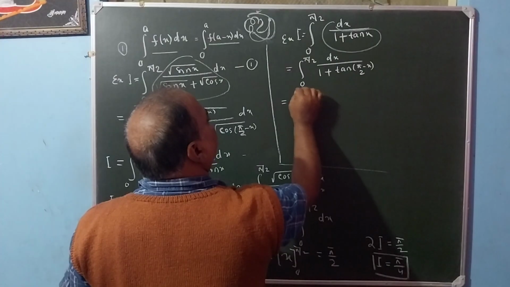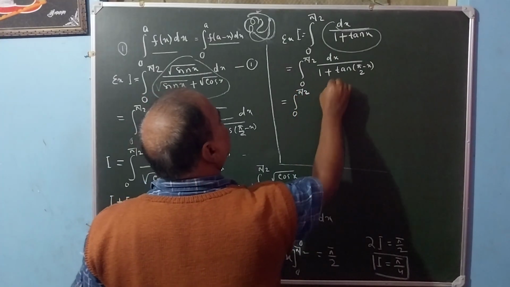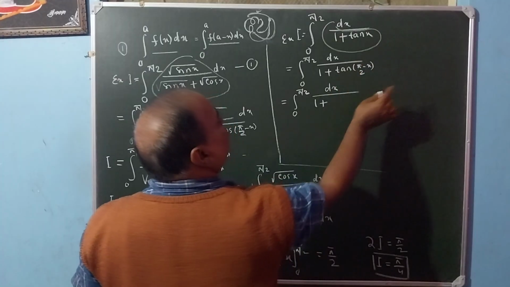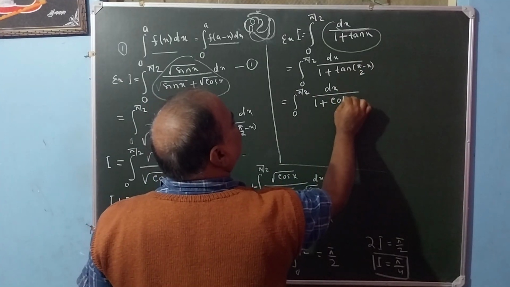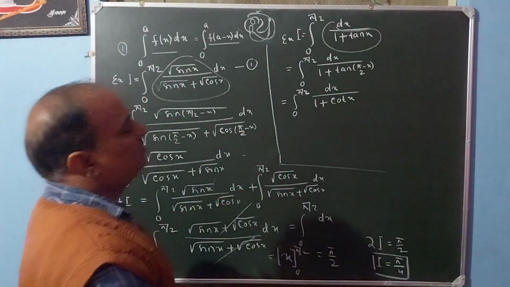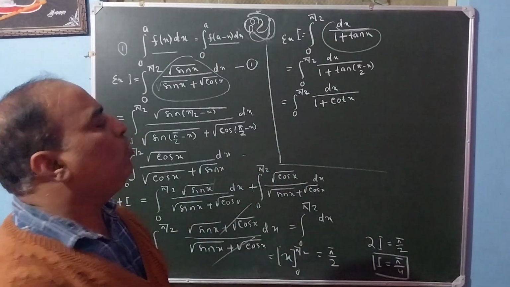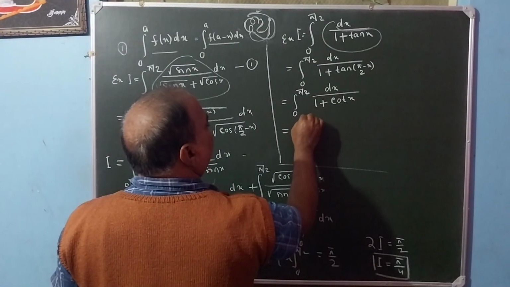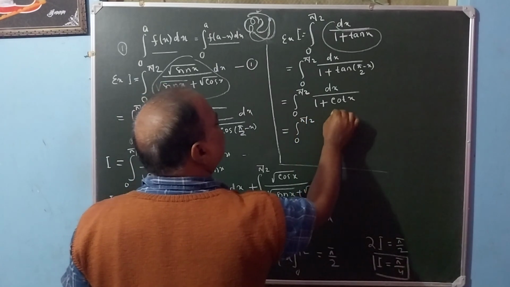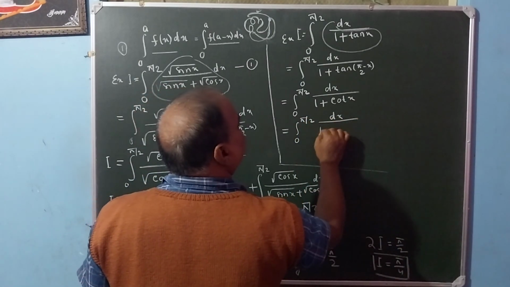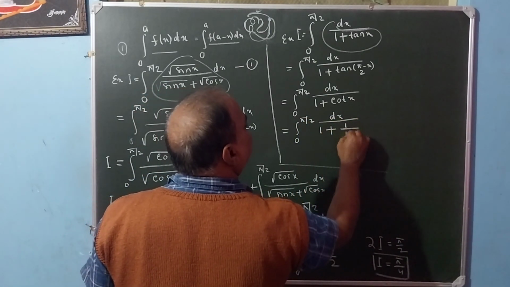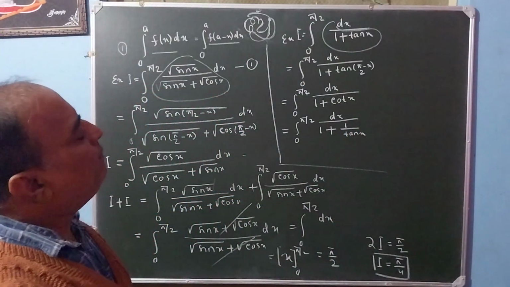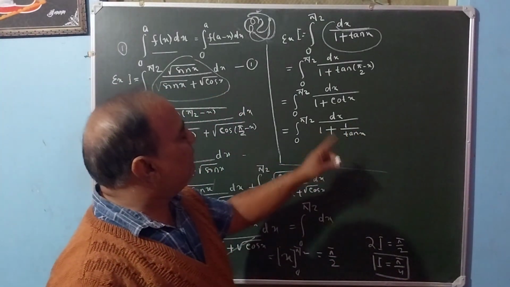So 0 to pi by 2 dx by 1 plus cot x. Okay, cot x is equal to 1 by tan x. So you have to write 0 to pi by 2 dx by 1 plus 1 by tan x. So you have to take the LCM.